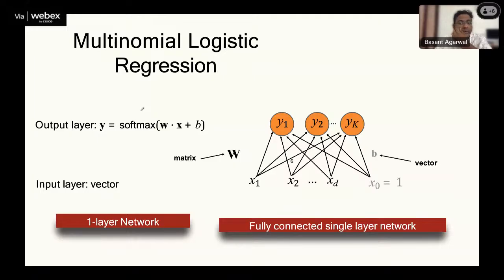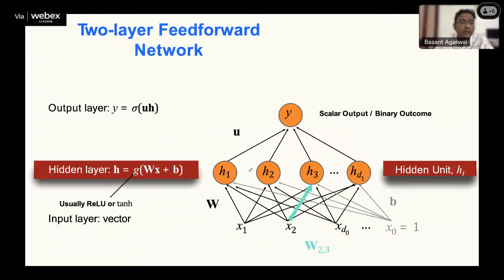Similarly, if we have multiple classes in the output layer, we should use the softmax function so that it provides probabilities, and the class which should be predicted has the highest probability. Apart from that, everything is similar to the single-layer neural network.